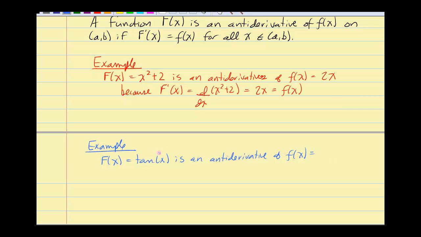So in other words, the derivative of tangent is secant squared. So therefore the antiderivative of secant squared is tangent. So that works pretty slick. In fact, we'll have to make a chart here and memorize these. So this works because the derivative of cap f of x, which is just the derivative of tangent of x, is equal to secant squared of x, which is denoted lowercase f of x.